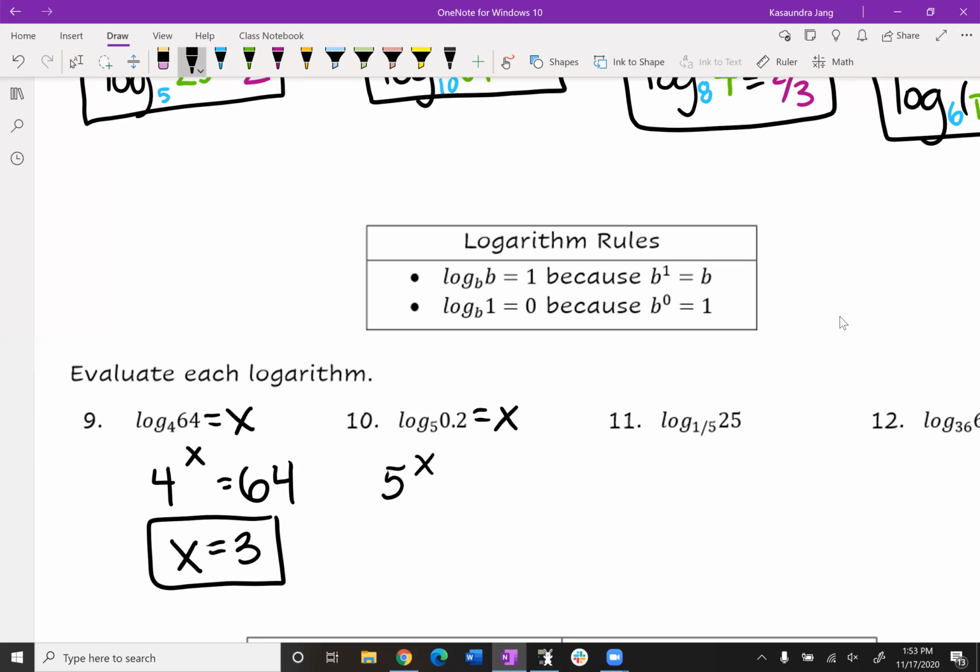Very good. Your logarithms are always equal to whatever the exponent was. So 5 to the x equals, what does this equal now? 0.2. Very good. Do you know what exponent you can put on your 5 and get a 0.2?